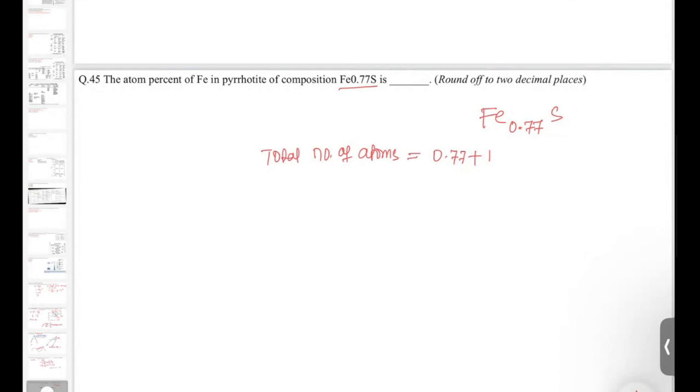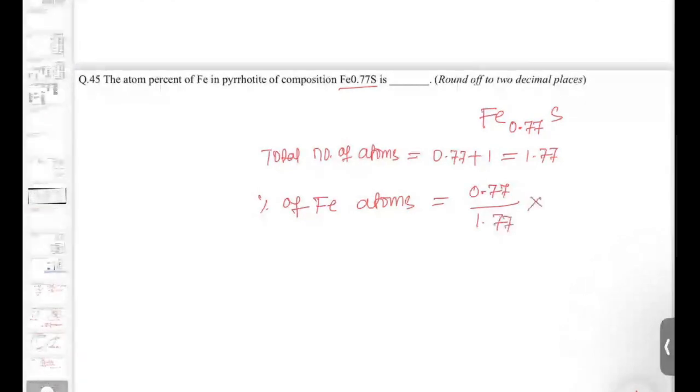So the atom percent of Fe should be 0.77 by 1.77 into 100.